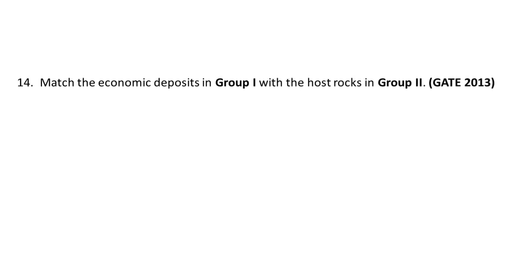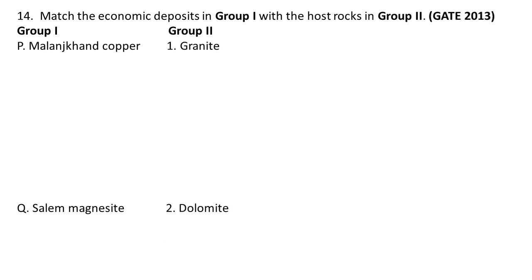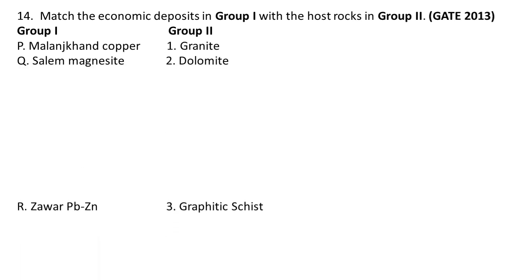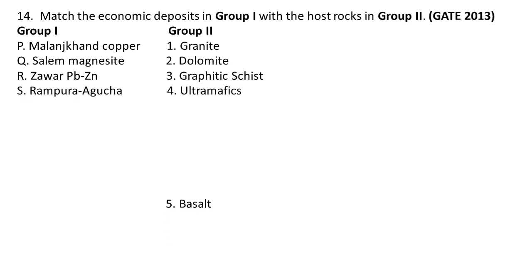Match the economic deposits in group 1 with the host rocks in group 2. In group 1 Malanjkhand copper, Salem magnesite, Zawar lead-zinc deposits, and Rampura Agucha deposits are given, and in group 2 granite, dolomite, graphitic schist, ultramafics, basalt, and rhyolite host rocks are given.